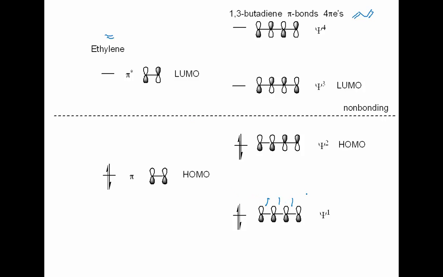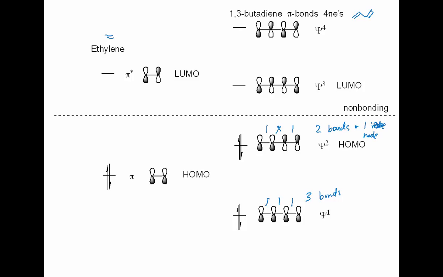we have 3 bond interactions. We have two bonds and 1 node. Okay, let's spell node correctly. Sorry.